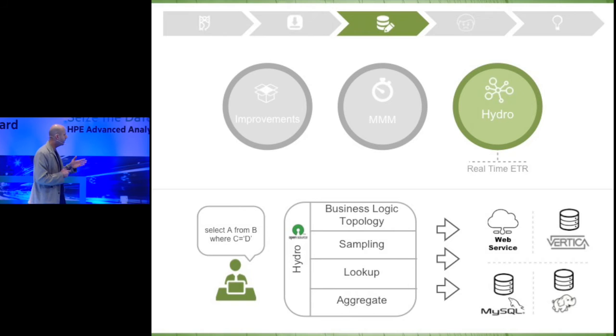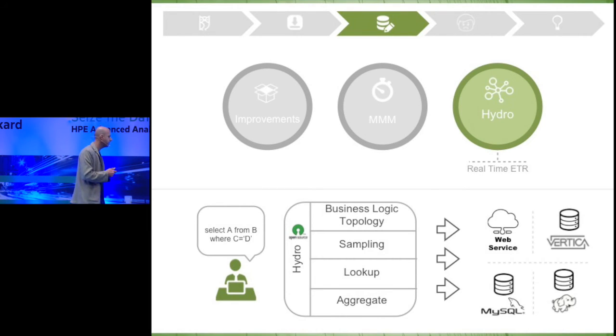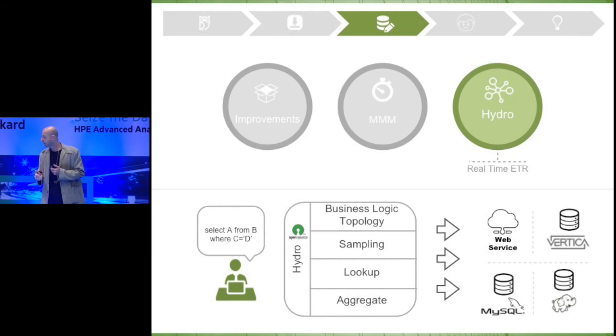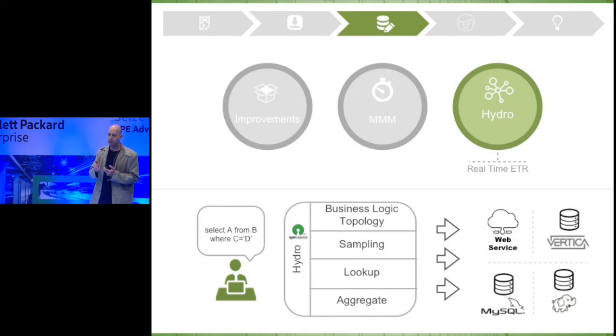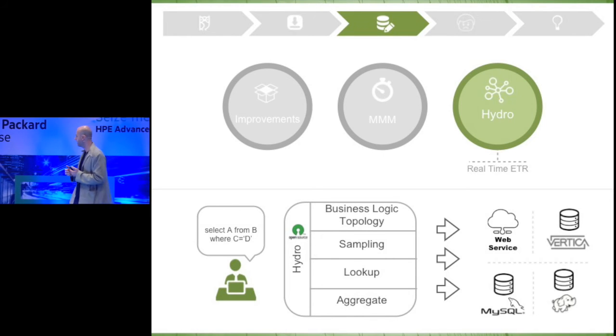For example, this gentleman on the left is trying to understand how well his campaign went. What is the ROI that it gets? So he connects to our dashboard, and he fires some query. Behind the scenes, Hydro kicks in, and the topology says, go to Vertica, go to this table, don't scan the entire table, just do a sampling on this table.